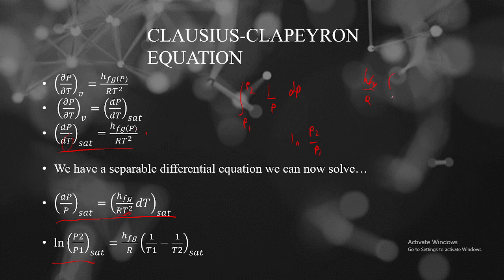So I'm going to integrate my 1 over T squared dT from T1 to T2. I can write this as T to the power minus 2, so if I integrate, I have T to the power minus 1 over minus 1. So that's minus 1 over T2 minus 1 over T1, and that will be 1 over T1 minus 1 over T2. So that's what I have down here.